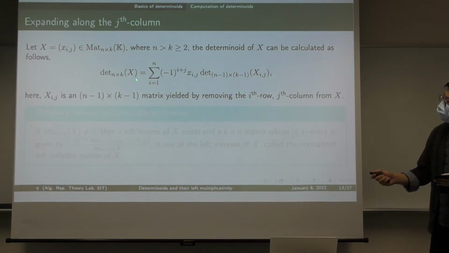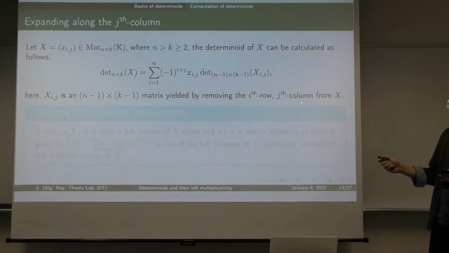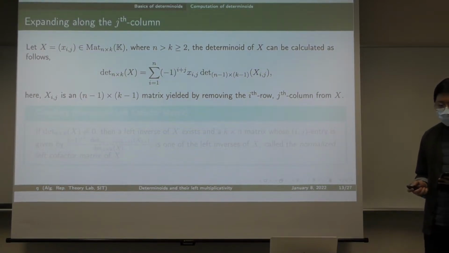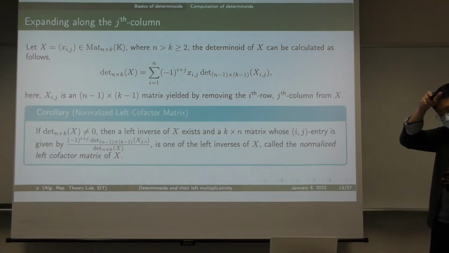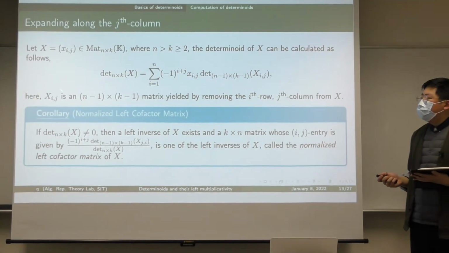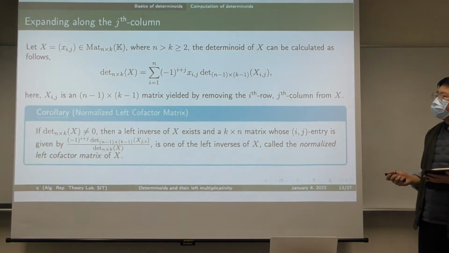So this one is just like the cofactor expansion in determinants. And here X_ij is the notation for the n-1 by k-1 matrix yielded by removing the ith row and jth column from X.